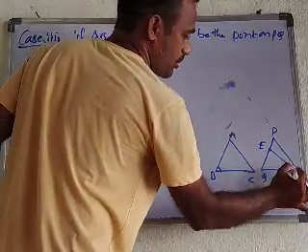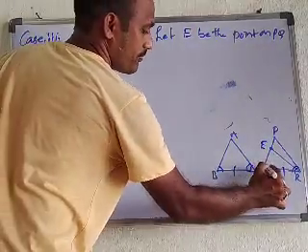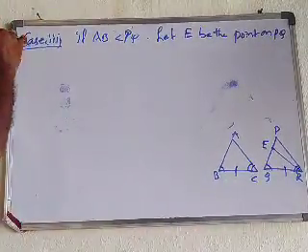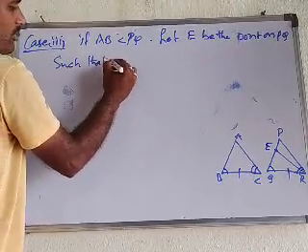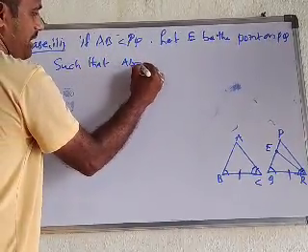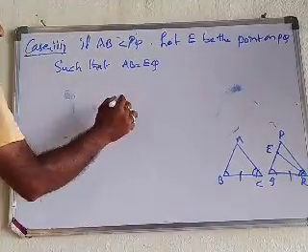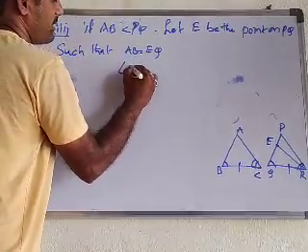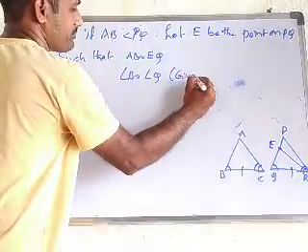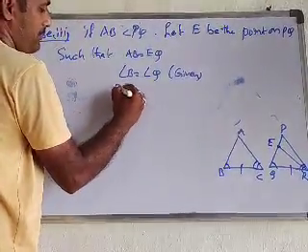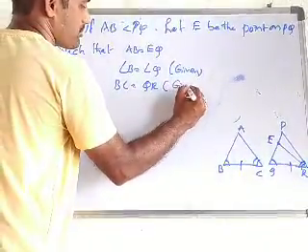We adjust the length in such a way that AB is equal to EQ. It is clearly given in the question that angle B is equal to angle Q, and BC is equal to QR.